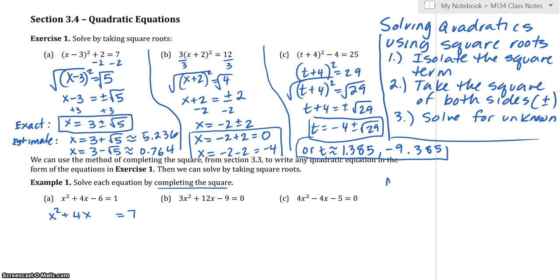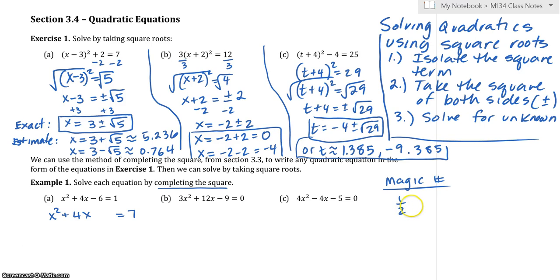In last class, we talked about the magic number, how to find a magic number: the number that you can add to make a perfect square.